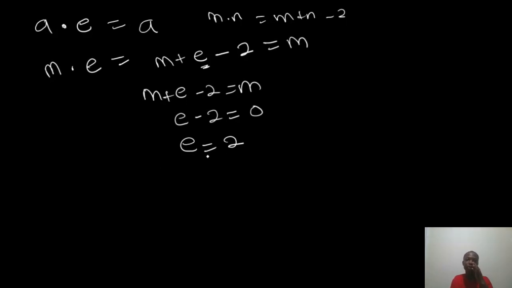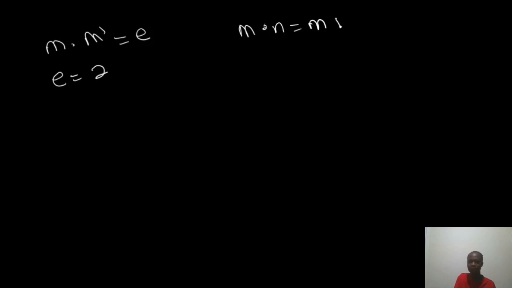Now we are also going to find the inverse element. To find the inverse element, we say that m dot m inverse should give us the identity element. Now we've gotten our e to be 2, and our rule says that m dot n is equal to m plus n minus 2.